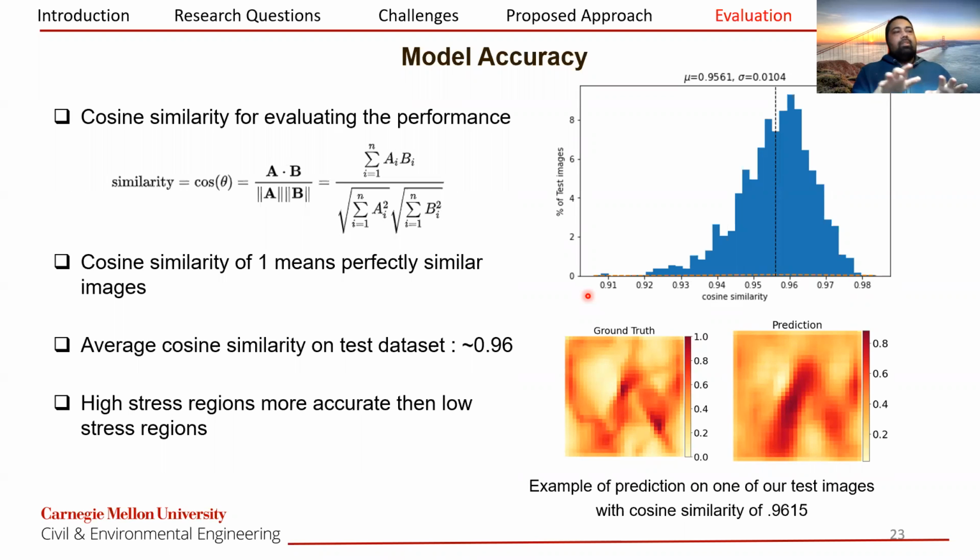But when we visualized it, we observed that the pattern of these high stress regions was predicted much better as compared to low stress regions, and that's why it was contributing to this high cosine similarity. Since our goal is to focus just on these high stress regions as of now, we decided to move forward with this model and start interpreting.